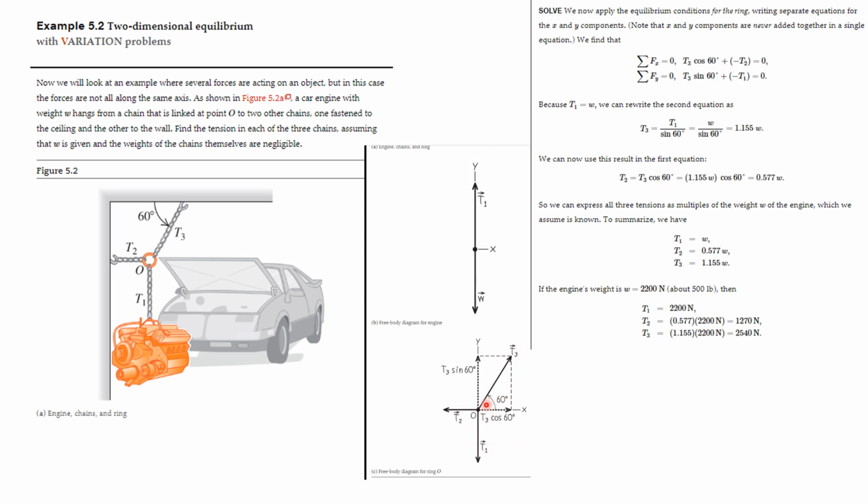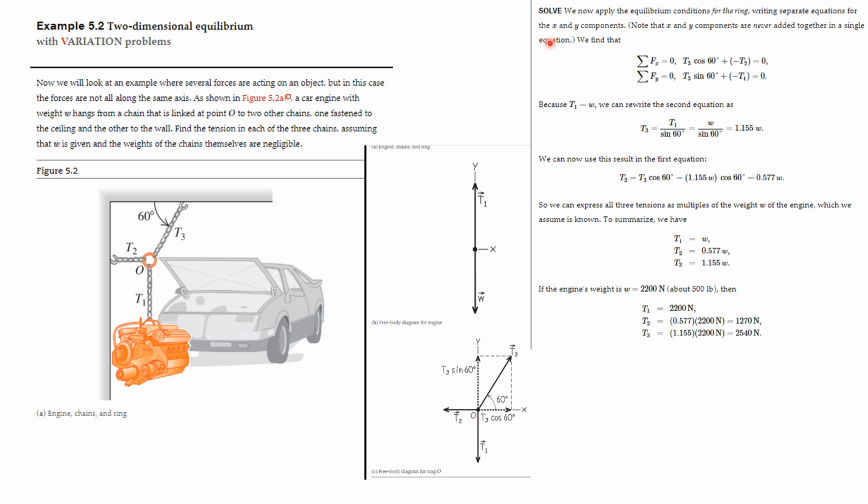T3 is at an angle of 60 degrees. If we resolve T3 into its x and y components, we get T3 times sine of 60 and T3 times cosine of 60. That's telling us what those components are. And again, we can replace T3 by its components. Then we have T2 going this way, and we have T1 going down.